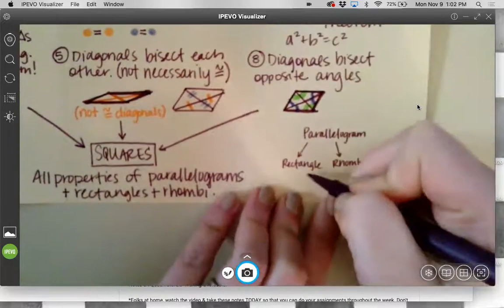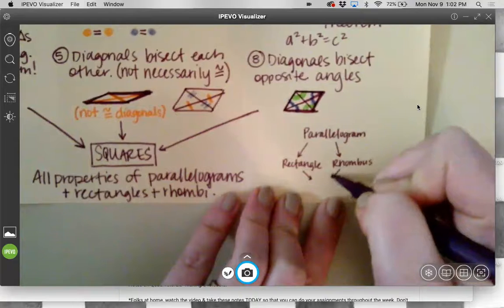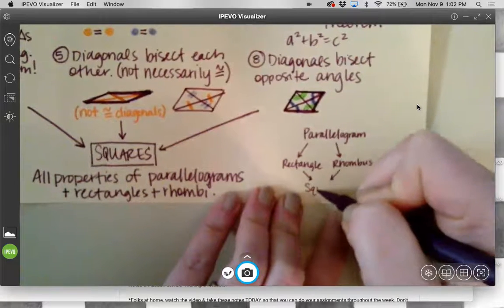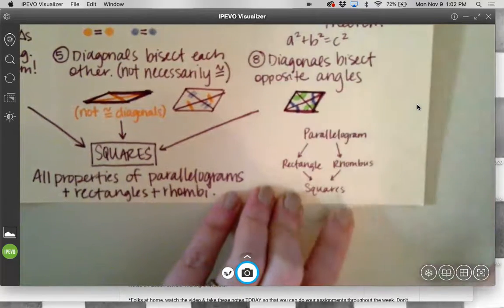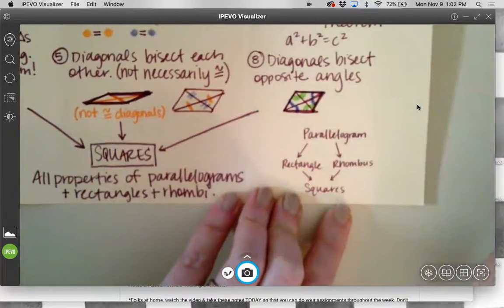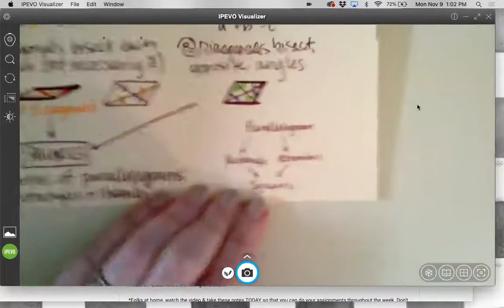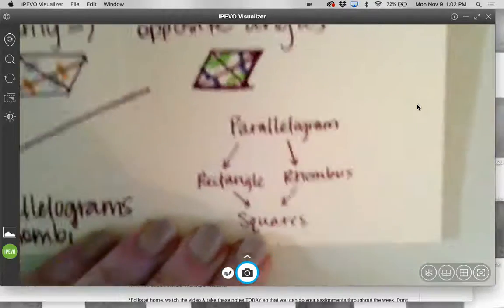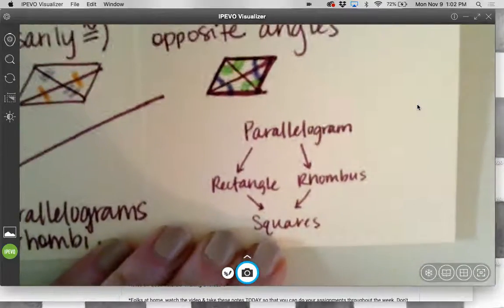And then they kind of go back together and we have squares. So that shows you the categories and how they work together.